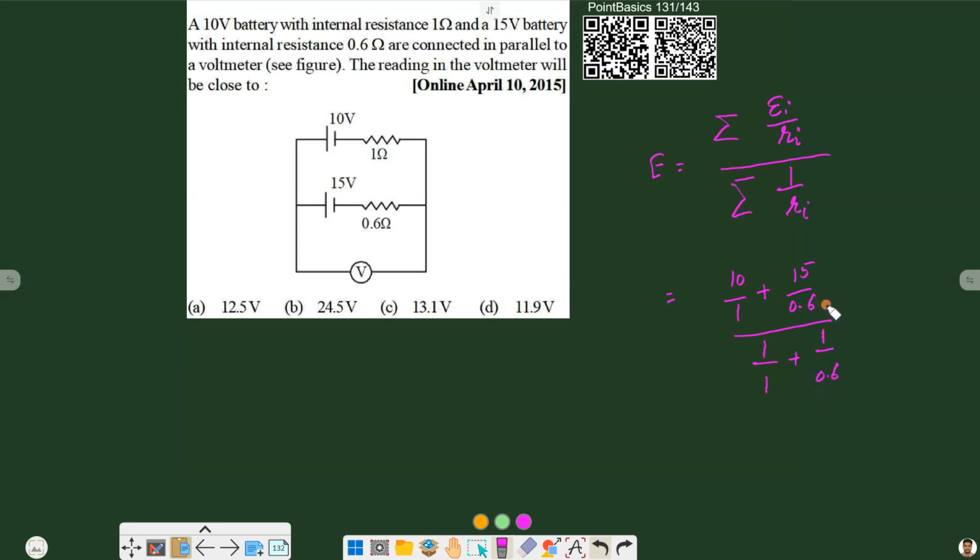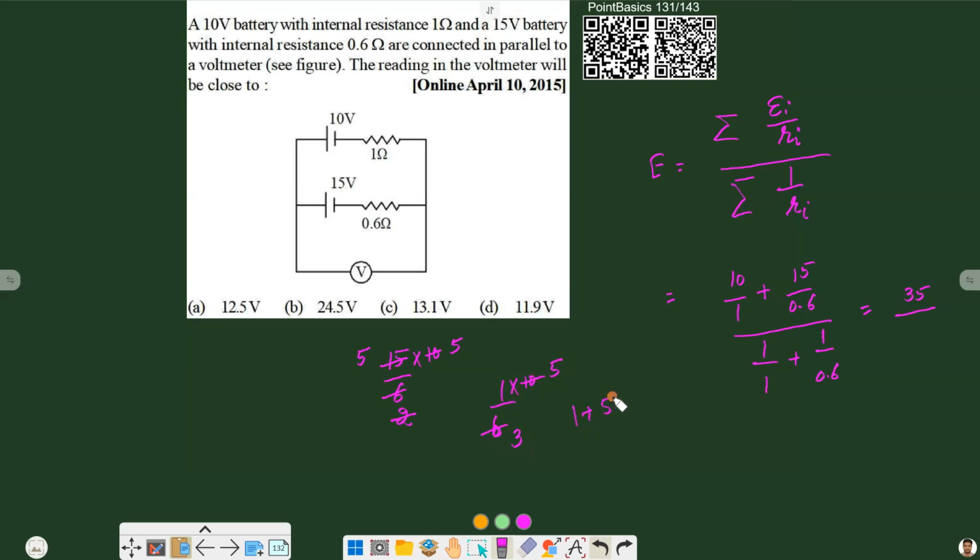Now 15 by 0.6 we have to solve. It can be written like this, and it will be 25. So 10 plus 25 is equal to 35, divided by 1 by 0.6, which can be written as 10 by 6, so it is 5 by 3.